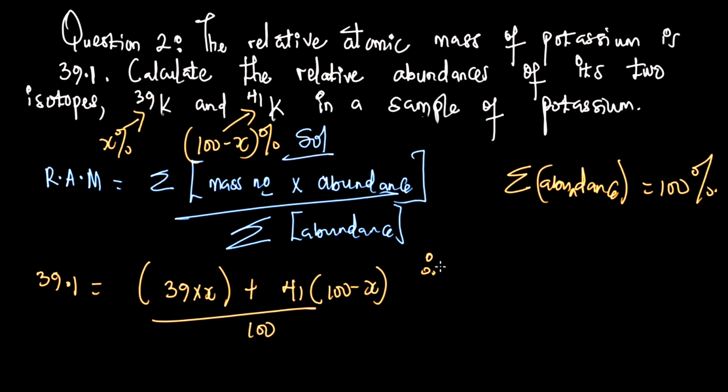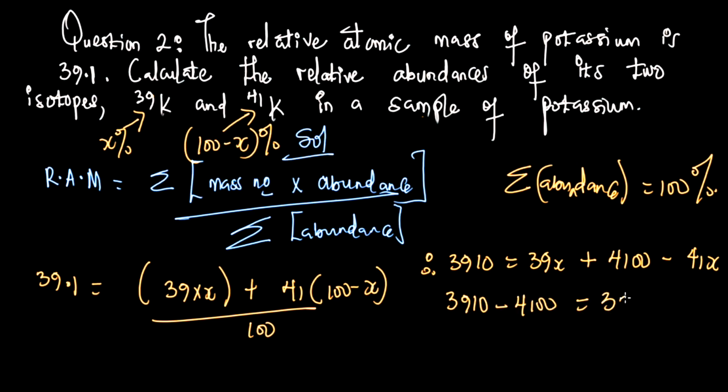Therefore we have 39.1 times 100 equals 39x plus 4100 minus 41x. So we can say 39.1 times 100 minus 4100 equals 39x minus 41x. This becomes minus 190 equals negative 2x.